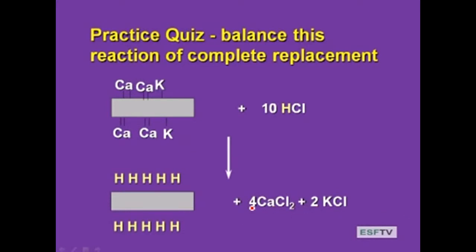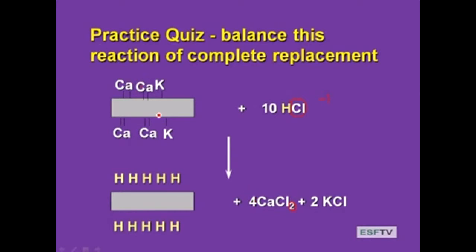So the last thing is, we have chlorides. What is the balance for chloride? Okay, it's minus 1. So for every calcium, you need 2 chlorides. Right? Calcium is plus 2. Potassium is plus 1. Right? So there we go.